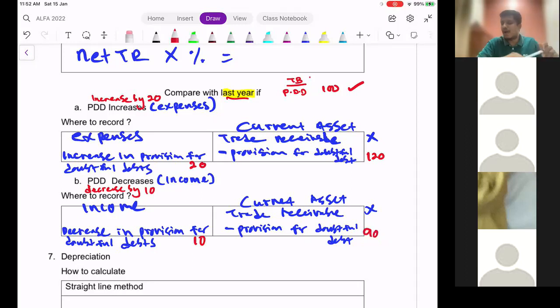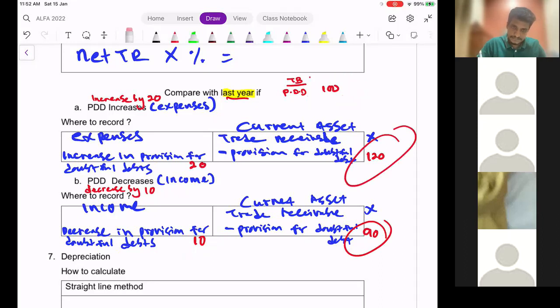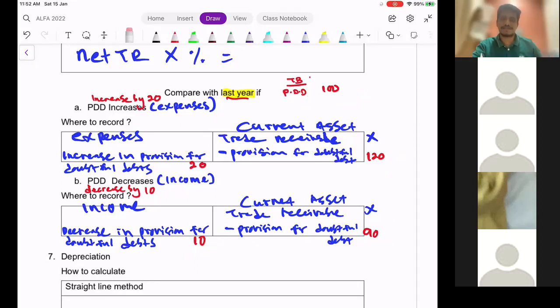Do you understand how I get 90? Last year 100 minus 10, I get 90. And last year 100 plus 20, I get 120. If it is an increase, we plus and then write in the current asset. If it is a decrease, then we minus, record in the current asset also. The record is the same, but the amount will change according to the increase or decrease.